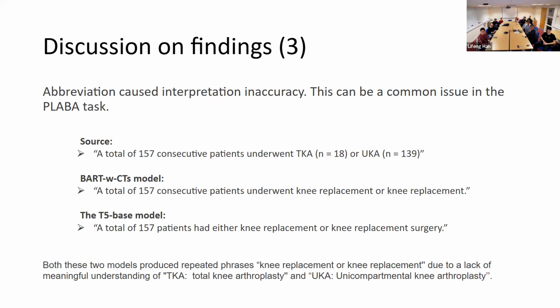The source sentence is: a total of 150 consecutive patients underwent TKA, n equal 18, or UKA, n equal 139. The BART model will simplify it as: a total of 150 consecutive patients underwent knee replacement or knee replacement. And the T5 base model will simplify it as: a total of 150 patients had either knee replacement or knee replacement surgery.